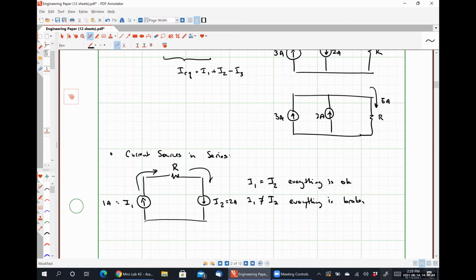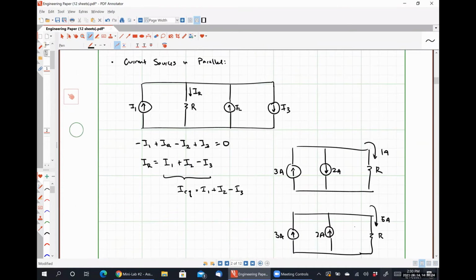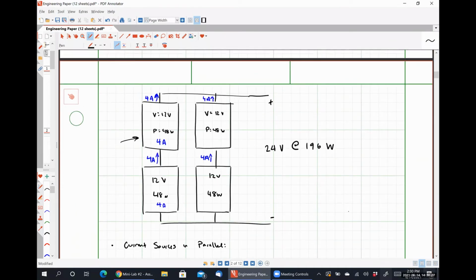There isn't a real practical application of adding current sources in series, and it's because of the way current sources are actually implemented in real life. It's a transistor-based circuit. So the closest practical application of combining current sources in series would actually be this solar panel example I've already worked, where since this top left solar panel has a rating of 4 amps, let's say this guy down here was rated for 60 watts.